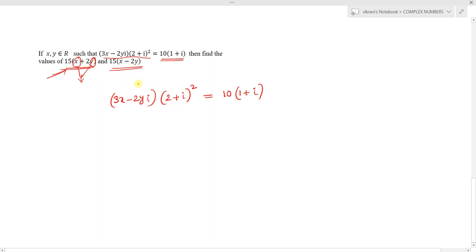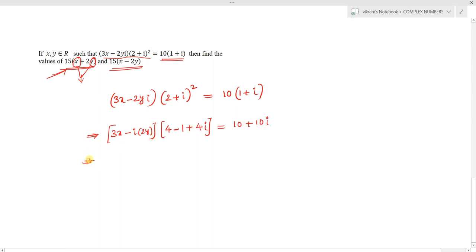To find this, he has given one condition, LHS and RHS. Try to simplify this equation. If we simplify, what will we get? (3x minus i times 2y) into, 2 square is 4 plus i square which is minus 1 plus 4i, equals 10 plus 10i.